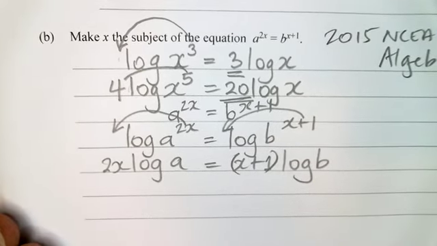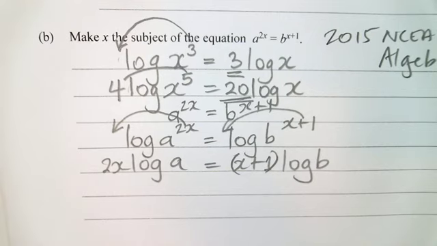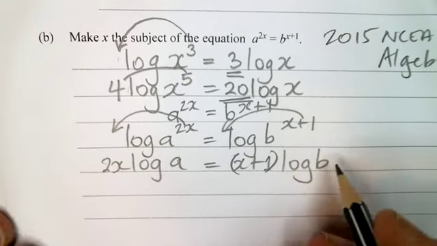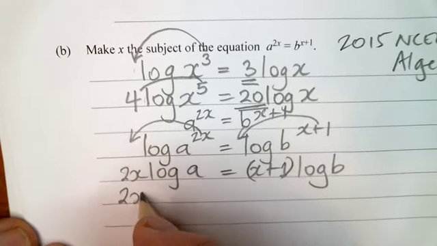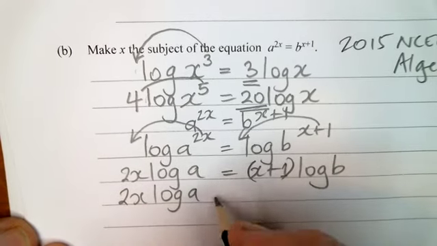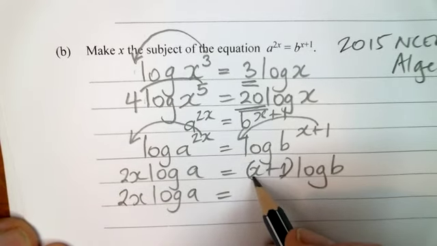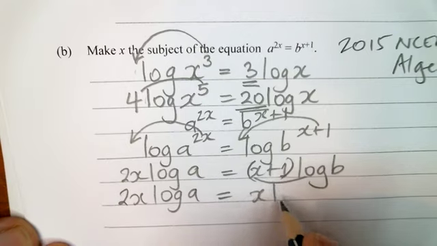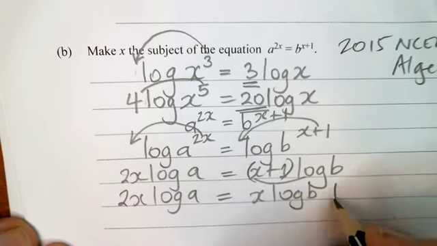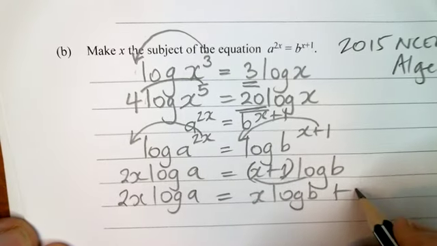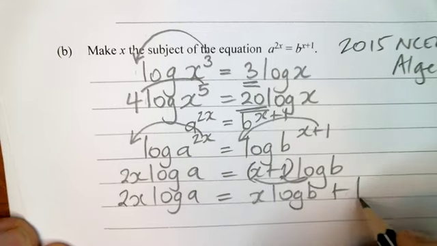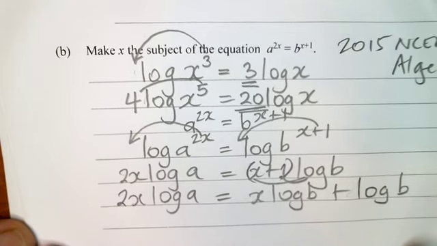All right, so now what we're going to do is expand this out a little bit. So I'm going to rewrite this as 2x log a is equal to, I'm going to expand this, x times log b is going to be x log b plus 1 log b, it's just going to be plus log b.